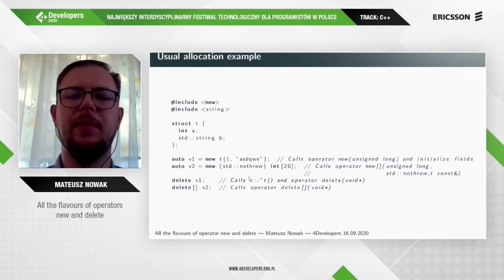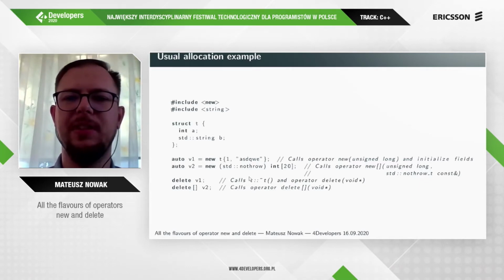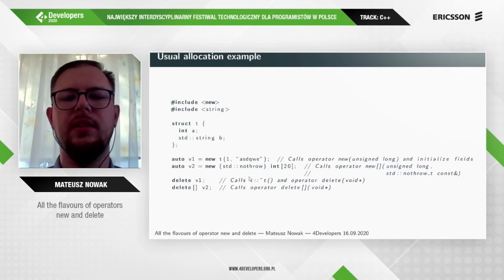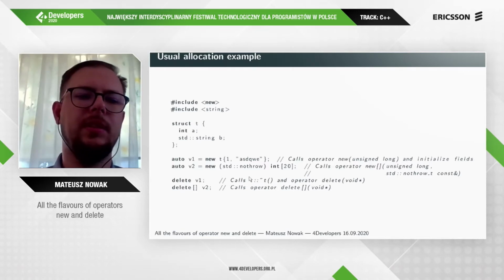The parameter here is unsigned long because I just copied it from assembly output. But for 64-bit architecture, unsigned long and size_t are the same. And after this, the initialization with the initializer is happening here. So in fact, this object is constructed with values 1 and 2.